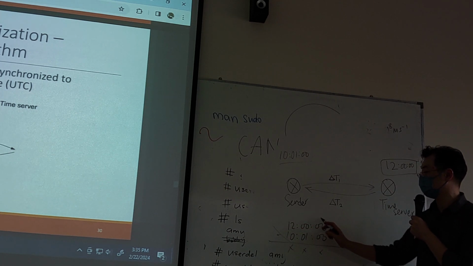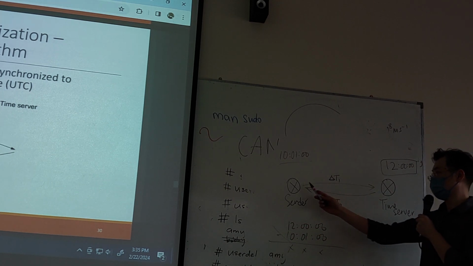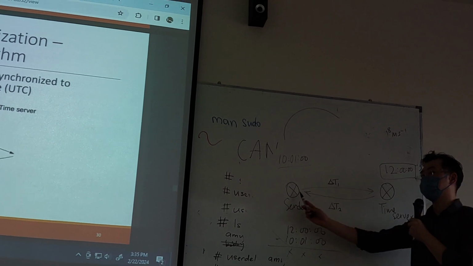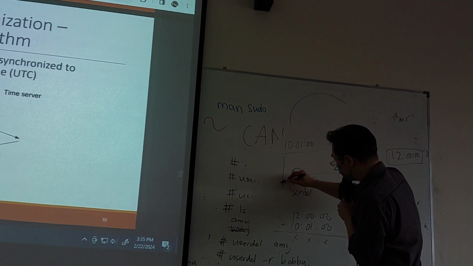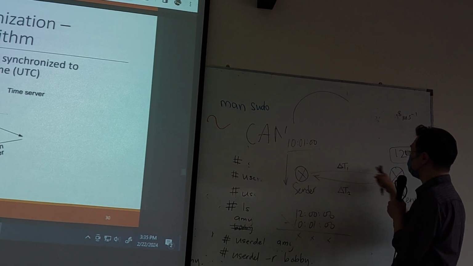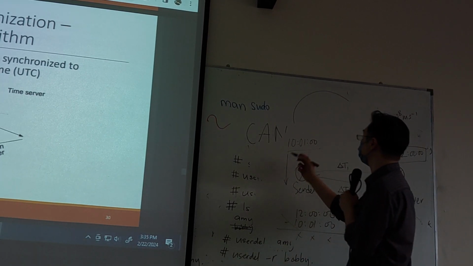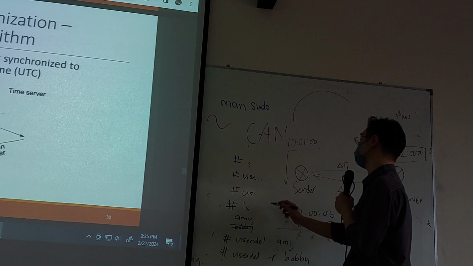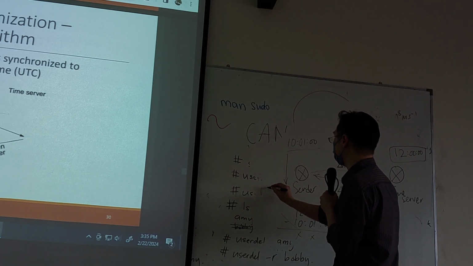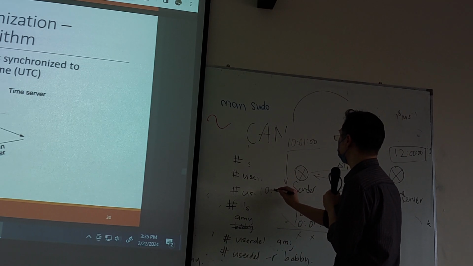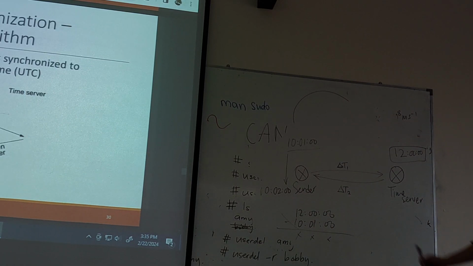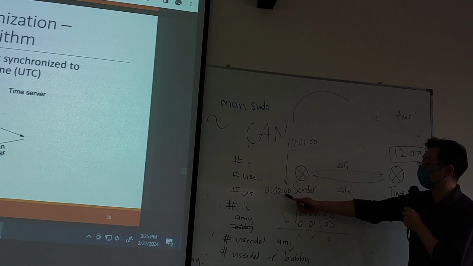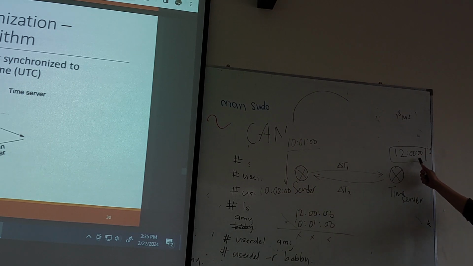I cannot use this 12 o'clock because of this delay and that delay. So what I do is I time it. I find out when it comes back. Let's say it comes back 1 minute later, a very poor network. I send at this time, I receive at this time, and I receive this value.